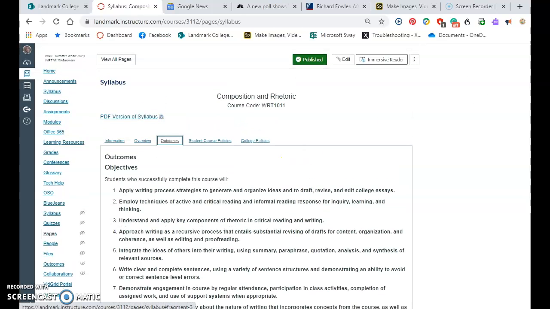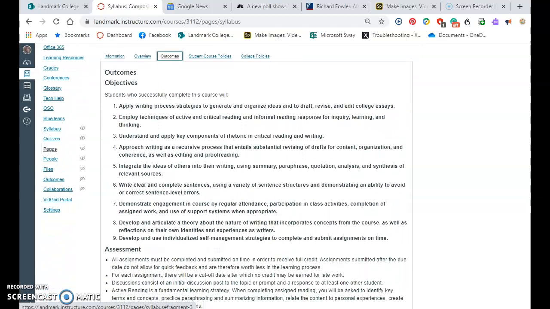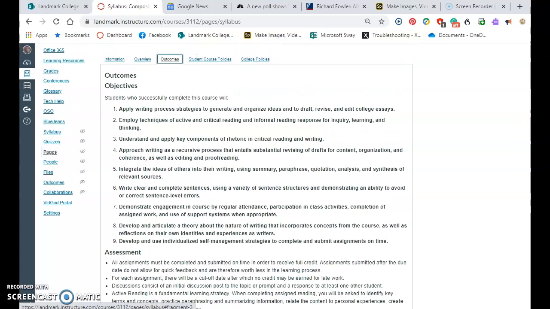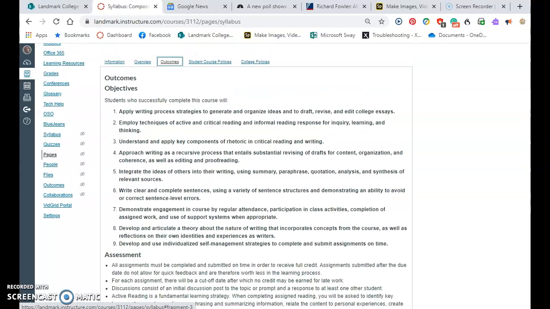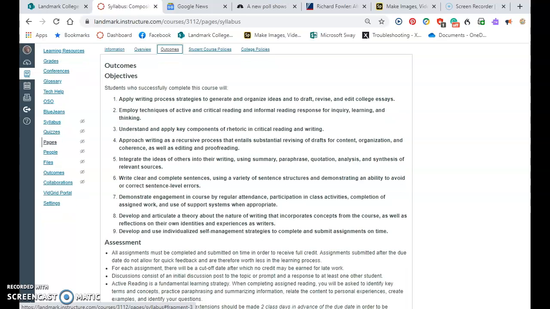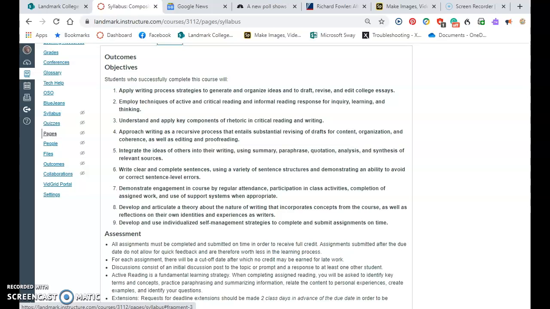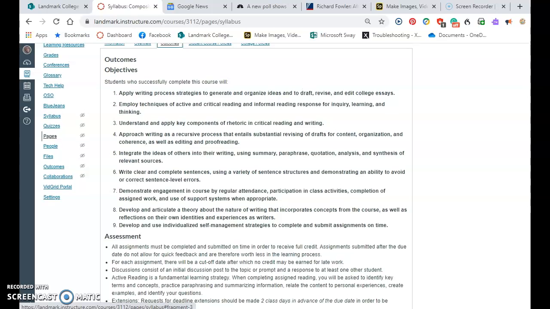So this is a basic composition course, and when you leave this course, you should be able to do the things that are stated in the objectives or the outcomes. And those are these. Apply writing process strategies to generate and organize ideas and to draft, revise, and edit college essays.